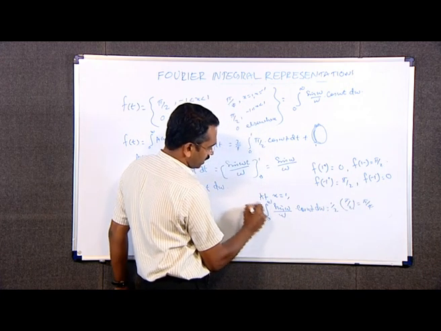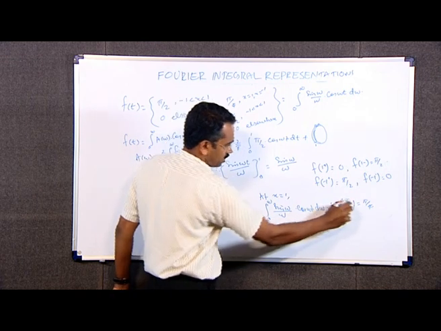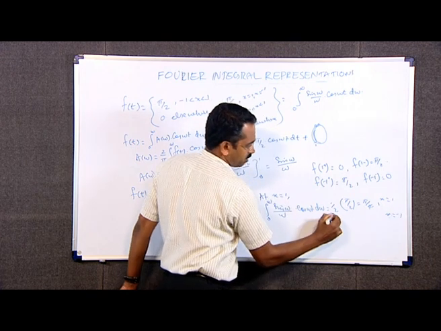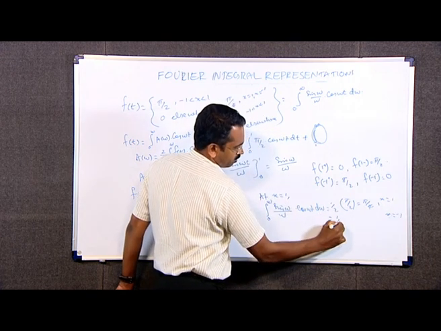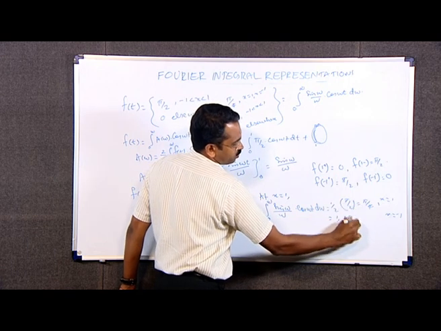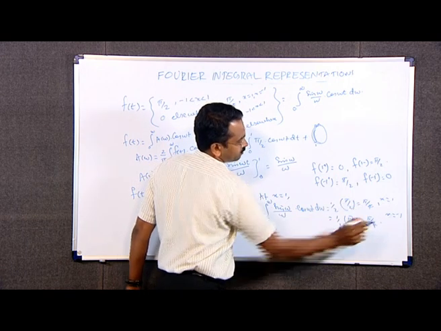Similarly, for x equal to minus 1, the value of this integral is 1 by 2 into pi by 2 plus 0, that is pi by 4.